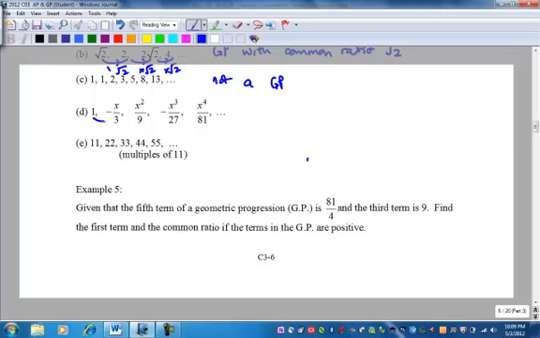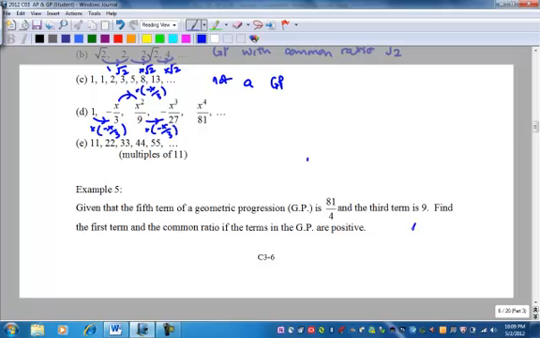How about D? For D, from the first term to the next, we multiply by negative x over 3. From second term to the next, we multiply by negative x over 3. From third term to the fourth, we again multiply by negative x over 3. And so on.